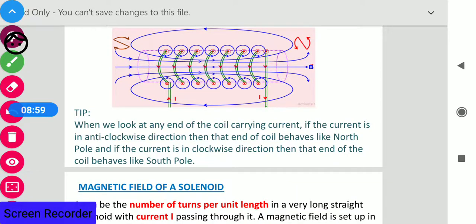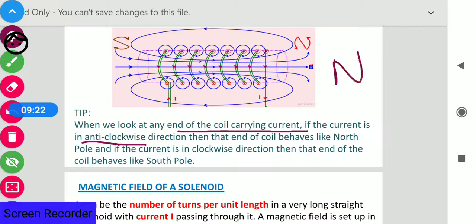Now which end of the coil will play as a north, and which end as a south? There is a tip. When we look at the end of the coil carrying current, if the current direction is anti-clockwise, then that end of the coil behaves like north.